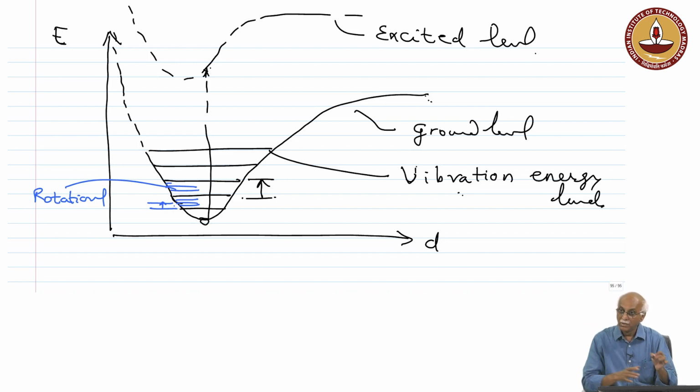Now, for this rotational transition, as you can see, the photon energy associated with it is very small. If you estimate the frequency from h nu, it may end up in the terahertz or microwave region. So, the frequencies for these small gaps will be of the order of microwave or terahertz.